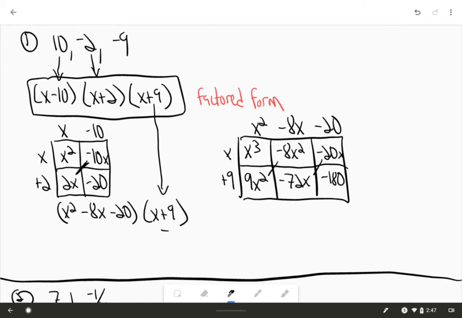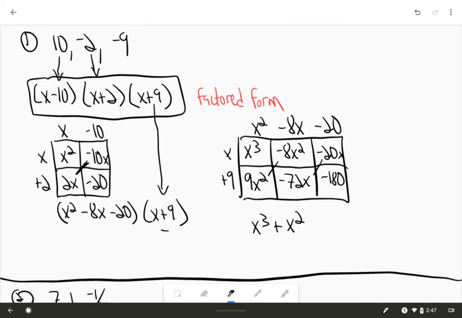So our answer will be x cubed. 9x squared and negative 8x squared becomes positive 1x squared. Okay. Then we have negative 20x and negative 72x.